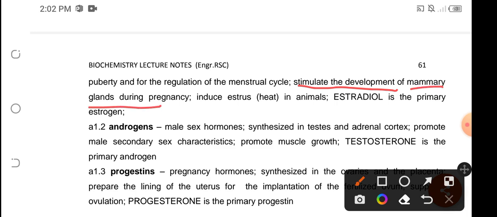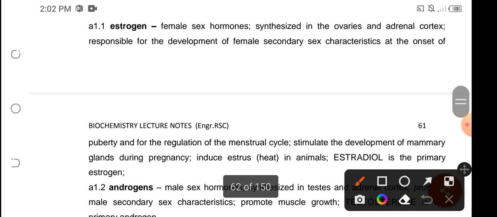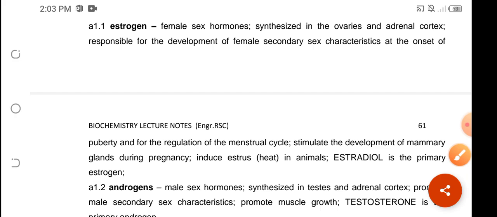So the message that an estrogen will deliver is for the body to develop secondary characteristics, regulate the menstrual cycle, develop the mammary glands during pregnancy, and it also induces estrus or heat in animals.